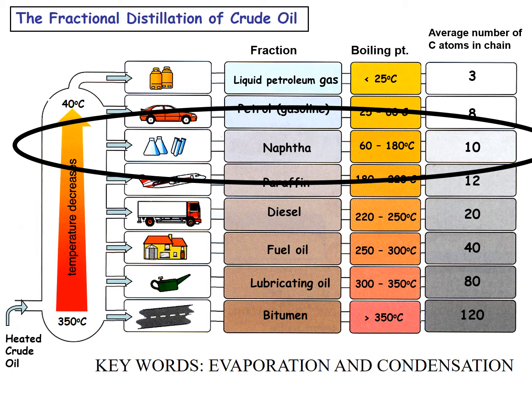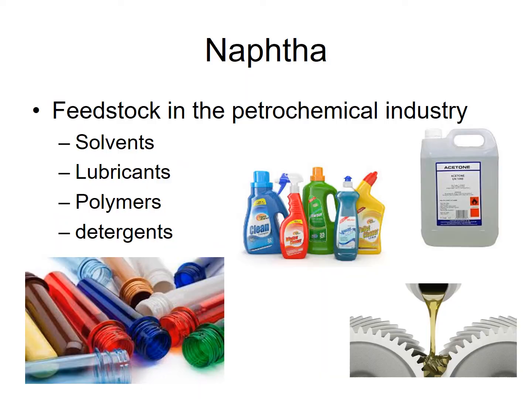As you can see from the picture, we use it a lot in chemistry, but you will also have stuff at home that comes from naphtha. Now, we say that naphtha is a feedstock in the petrochemical industry. When we talk about feedstock, it's not talking about food for farmyard animals. It's talking about what goes into it.